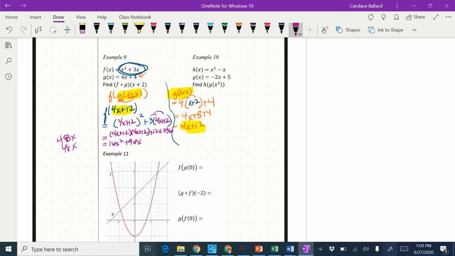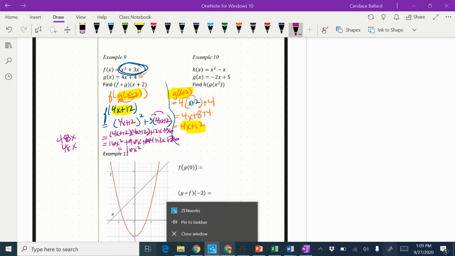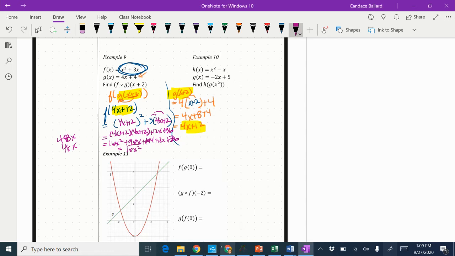And 12 times 12 would be 144, plus the 12x plus 36. All right, so we have 16x squared. And then when I add all of my x's together, which is the 96x and the 12x, I get 108x. And then when I add the 144 plus 36, I get 180.